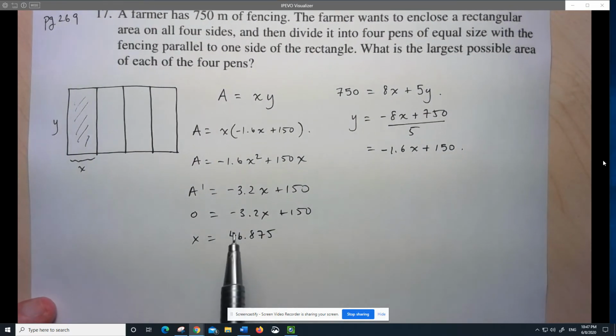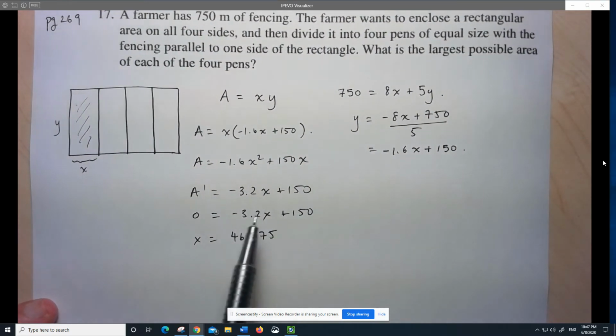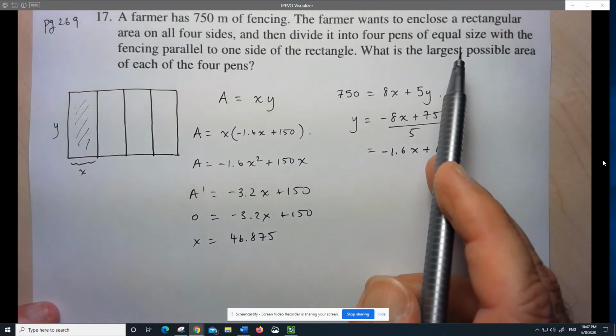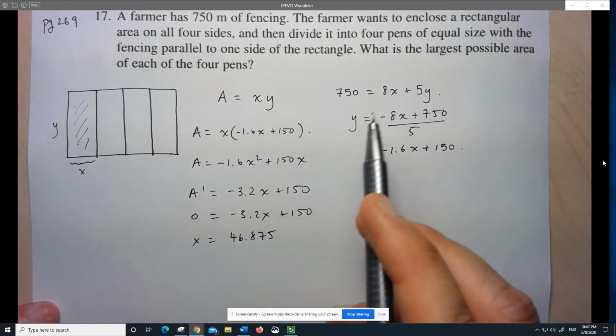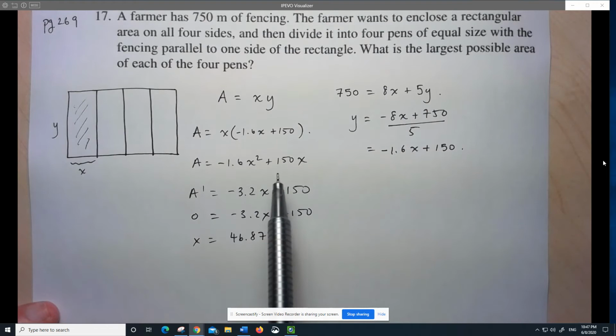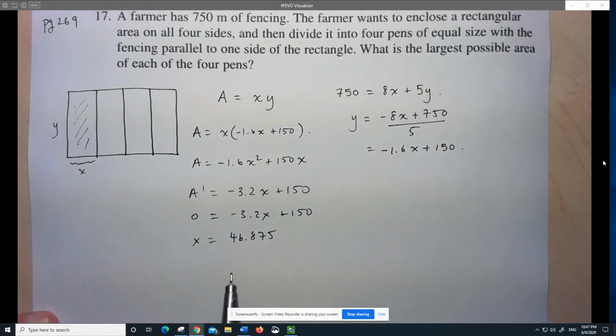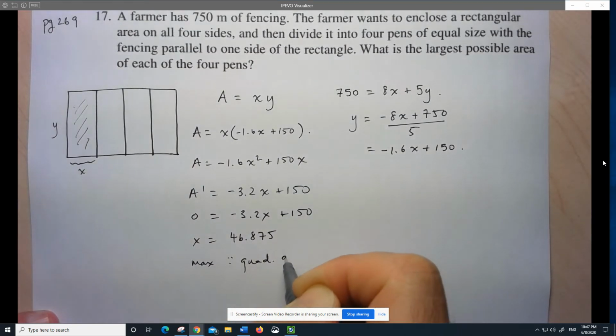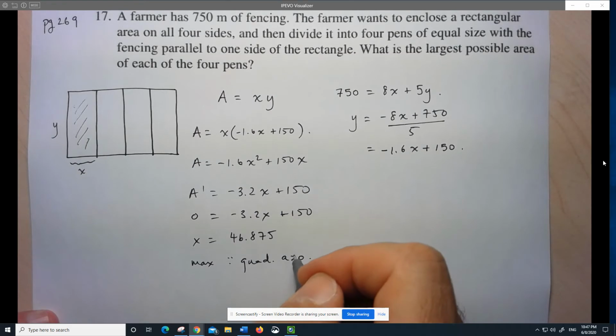Now, this is one of these scenarios. Normally, I would say you need to check that this critical number actually relates to a local maximum, because we're looking for the largest possible area. We don't actually have to do that here because quadratics are functions that we know very well. We know that this is going to be a max since it's a quadratic with a less than 0.